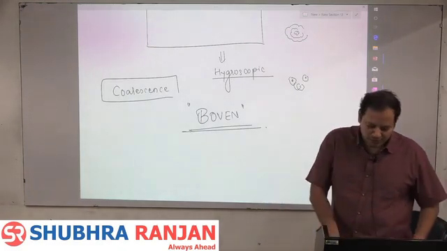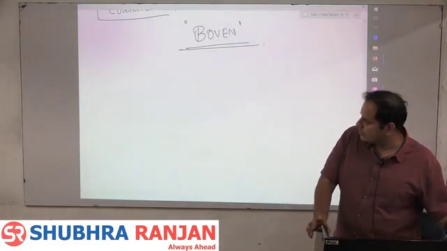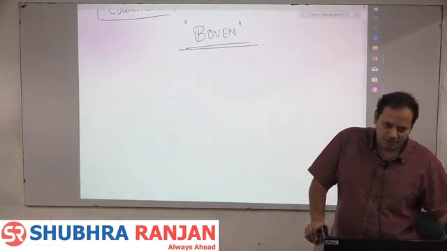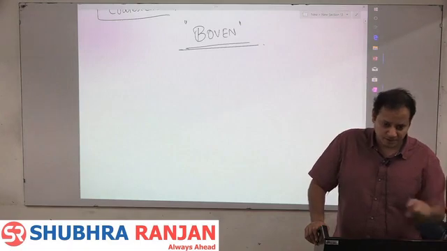Now, we don't have to write this background. I'll tell you the background. Bowen discovered that rainfall, very heavy rainfall, can occur on the clouds which are below 2 kilometers, that is 2,400 meters.